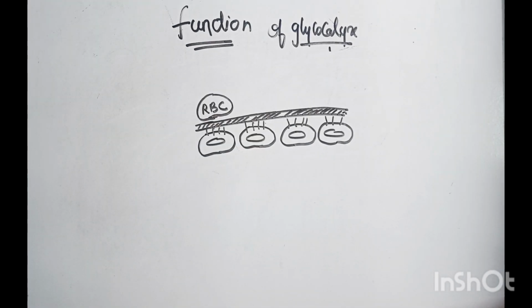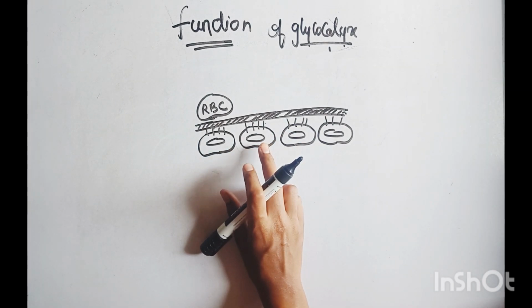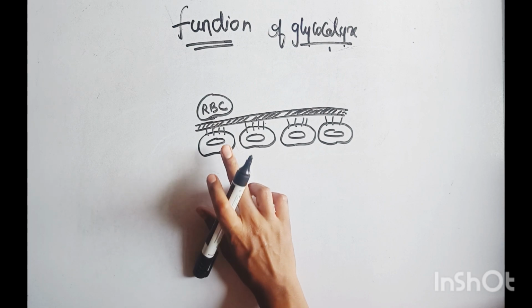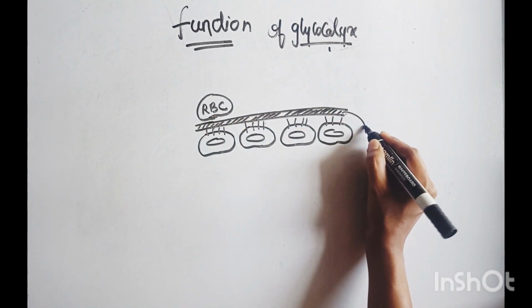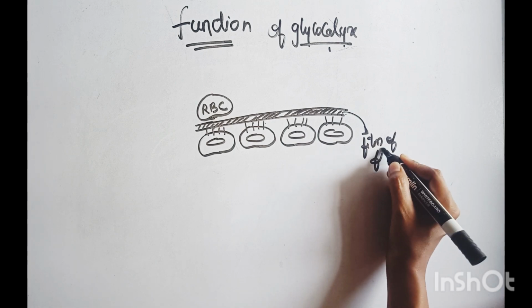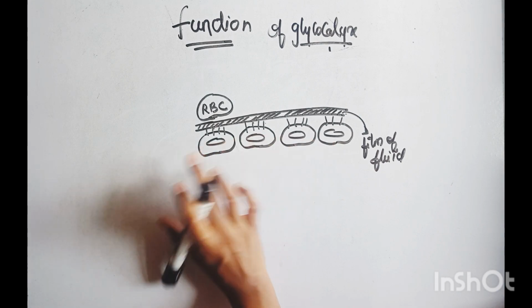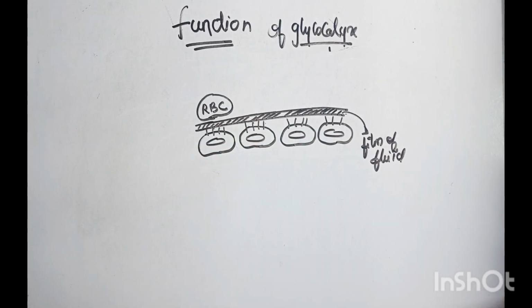The last function of the glycocalyx is that it has hydrophilic properties. It attracts a film of fluid onto the surface of the cell. Why?